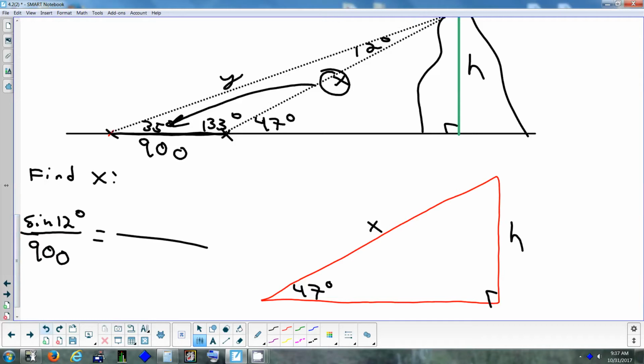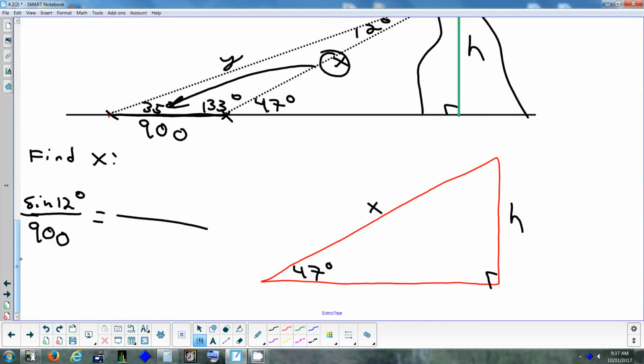Any questions? So Connor, how would I set up what's going to go on the other side here? I think I'm losing people. Ileana? Sine of 35. Yeah.